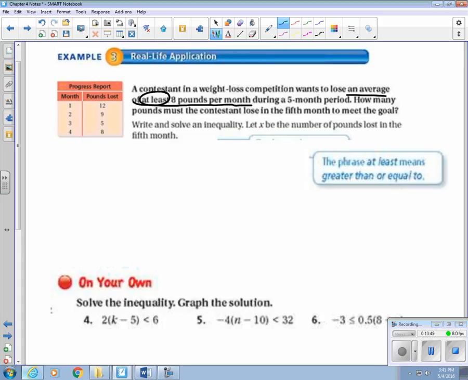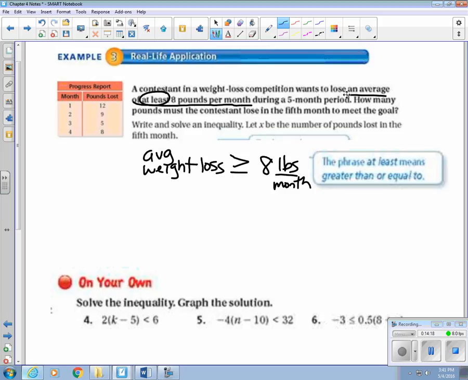So our average weight loss has to be at least, which means it has to be greater than or equal to 8 pounds per month.